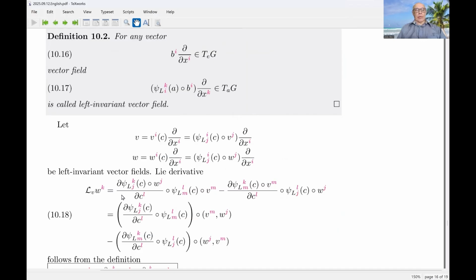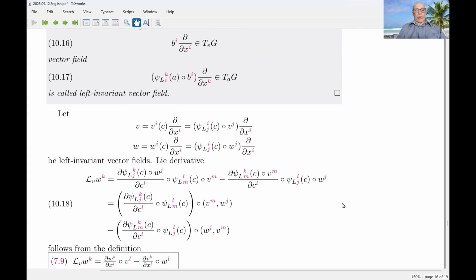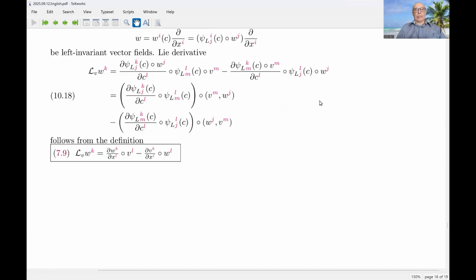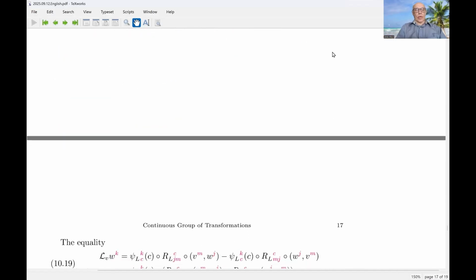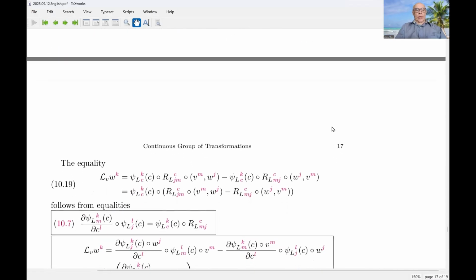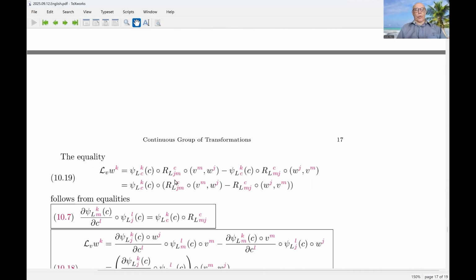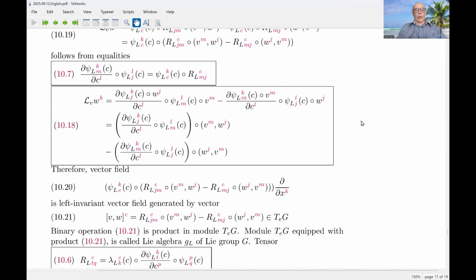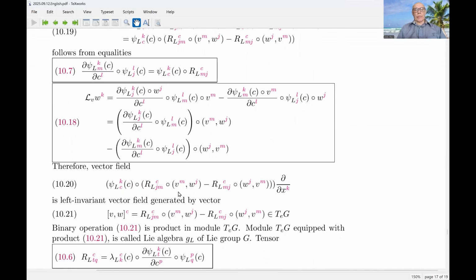The derivative 10.18 follows from definition 7.9. Equality 10.19 follows from equalities 10.7 and 10.18. Therefore, vector field 10.20 is the left invariant vector field generated by vector 10.21.